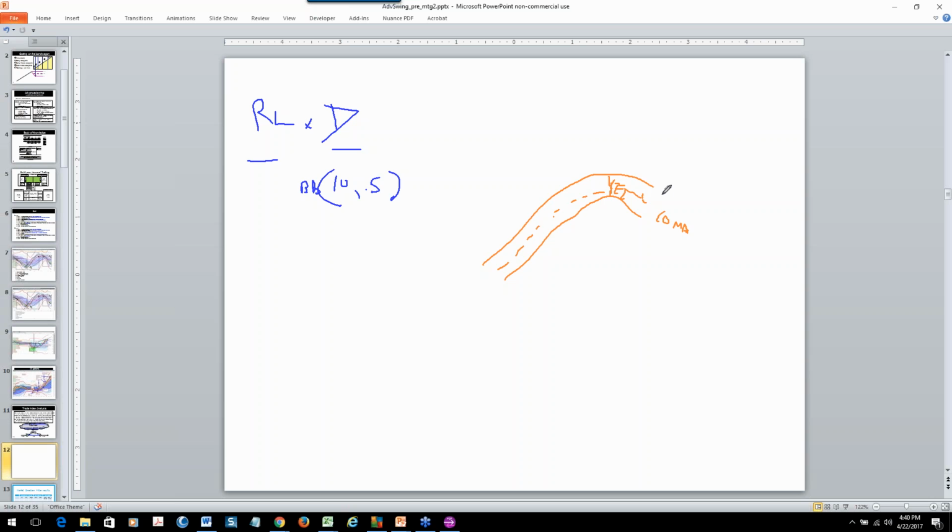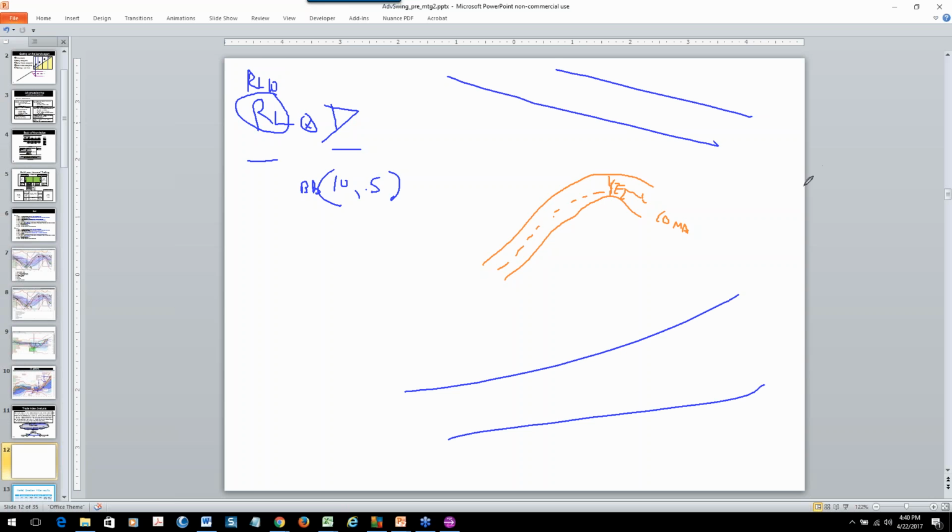When I talk about the RLXD, the other piece of this is the RL: a regression line has crossed the dragon. We're talking about, in this case, the RL10. No matter where the river is, it doesn't matter where the river is.